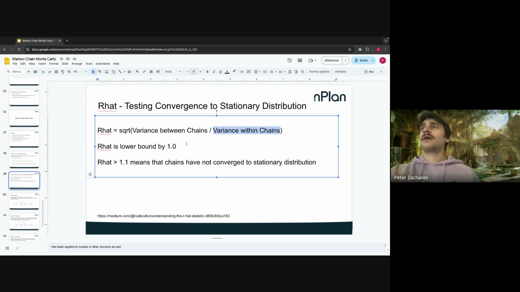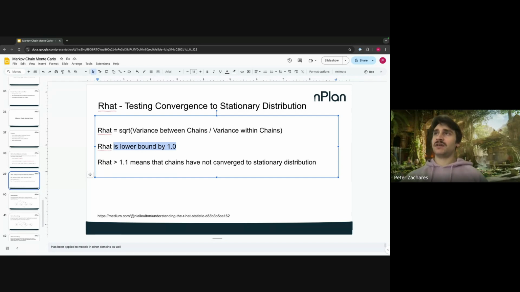This is R hat, and it is lower bounded by 1. If you see that R hat is greater than 1.1, that means the chains have not converged to the stationary distribution, and the closer to 1 it gets, the more likely they have. There's no foolproof way of proving that it's converged, but this is a metric that suggests convergence.